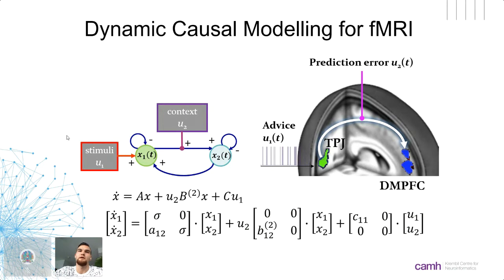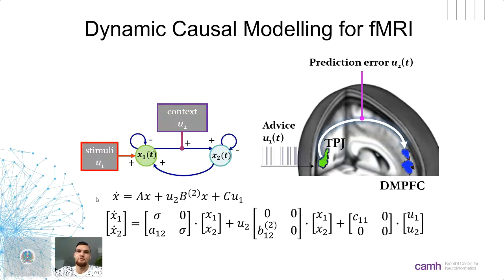Then we have a stimulus that is our input, and the stimulus here would be simply the instance of either correct or incorrect advice. And then the context, U2, which modulates the forward connection from X1 to X2, would be the prediction error that we get from this hierarchical Gaussian filter.